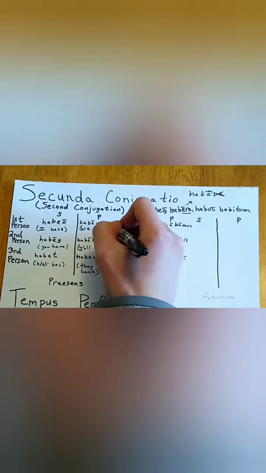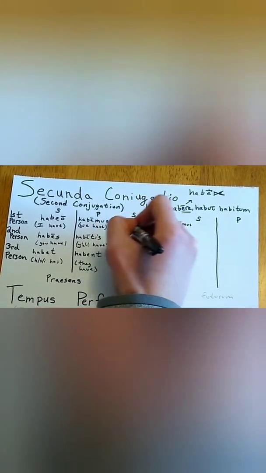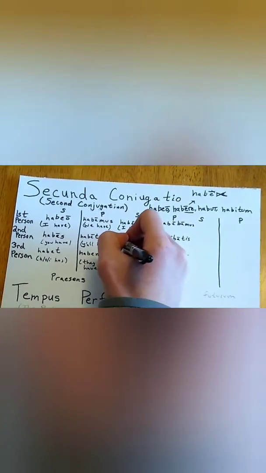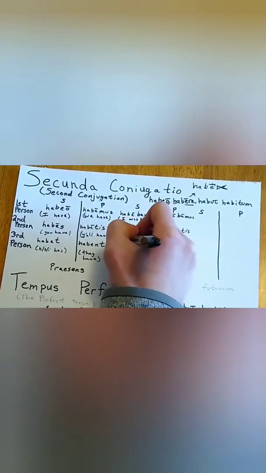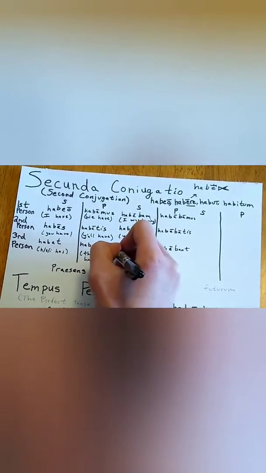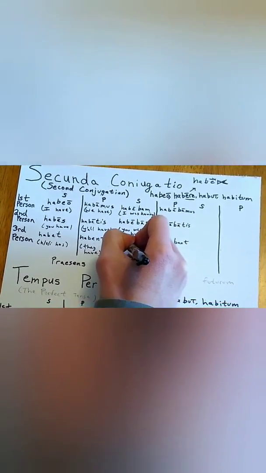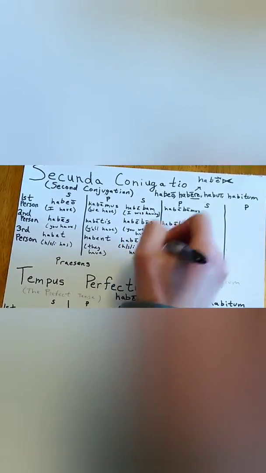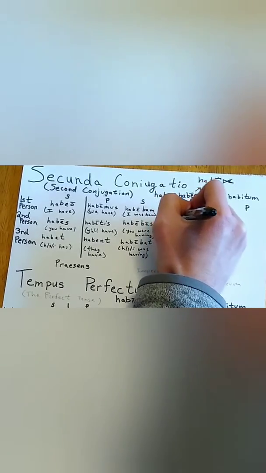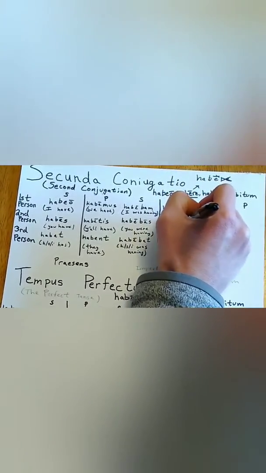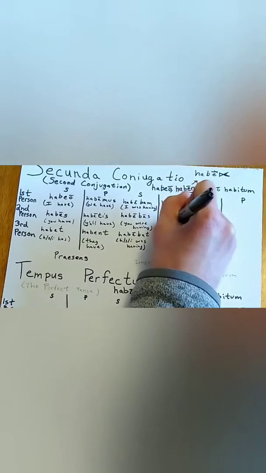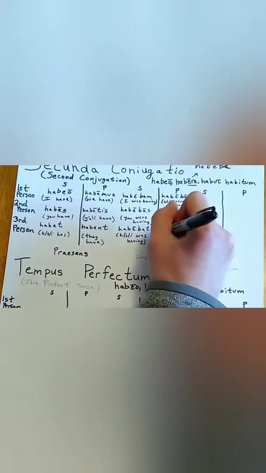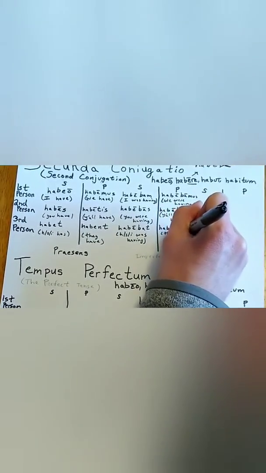And of course you will remember that that means I was having, you were having, he, she, it was having, we were having, y'all were having, and they were having.